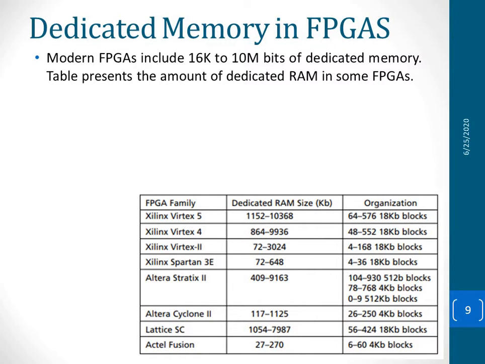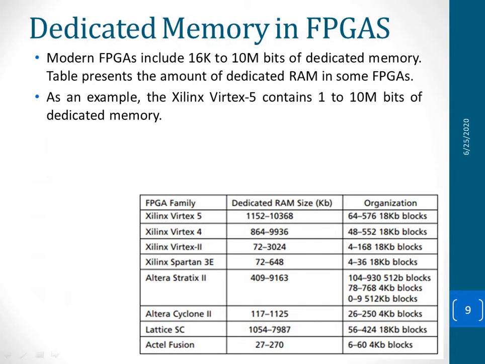This table shows the amount of dedicated RAM in some FPGAs. As an example, you can see the Xilinx Virtex 5, first row, contains 1 to 10 megabits of dedicated memory. The organization is 64 to 576 blocks of 18 kilobits, but the dedicated RAM size you can see here is 1 to 10 megabits, because the size is in KB, and KB into K again will become megabits.